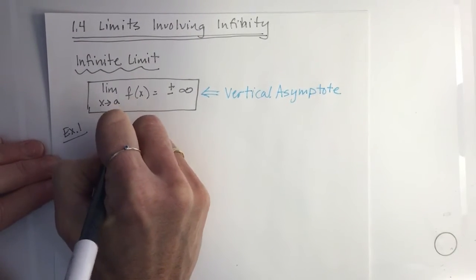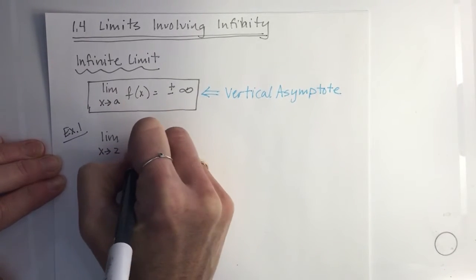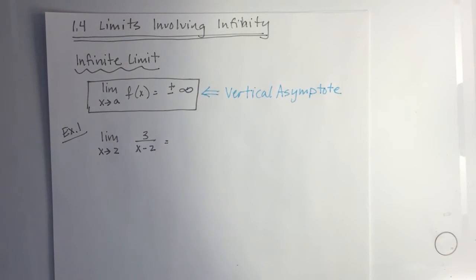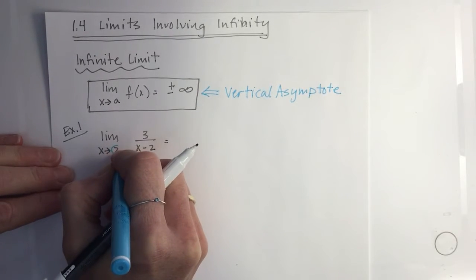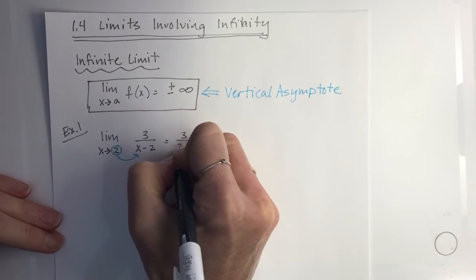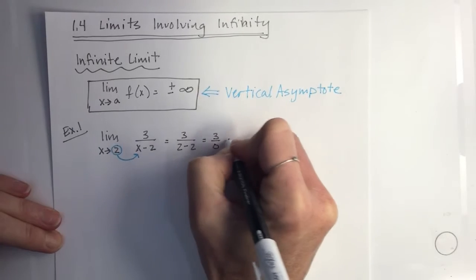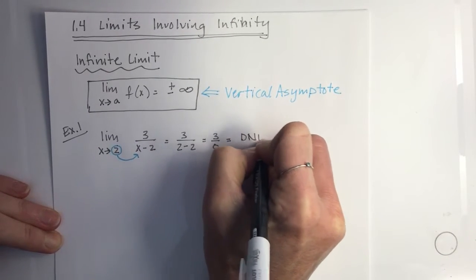So the limit as x approaches 2 of 3 over x minus 2 is equal to, well, what do we do for limits? You're right, direct substitution. So we plug and chug, right? We take that 2 and we plug it in for x. So we get 3 divided by 2 minus 2, 3 over 0, and that is equal to DNE, right?